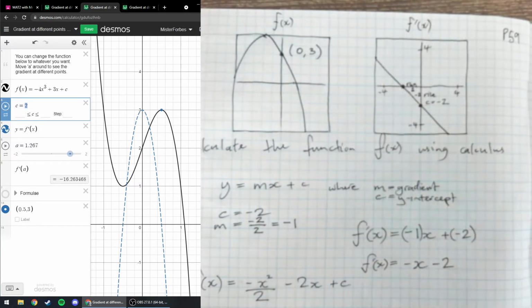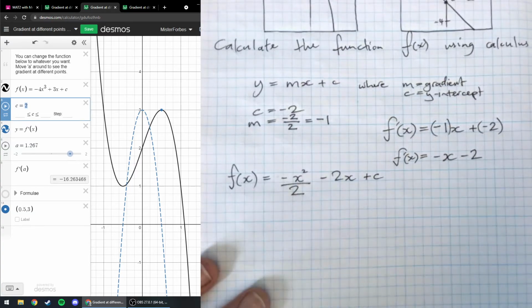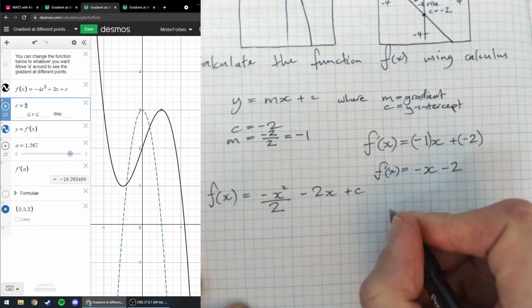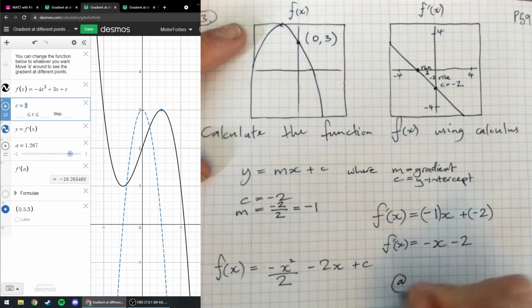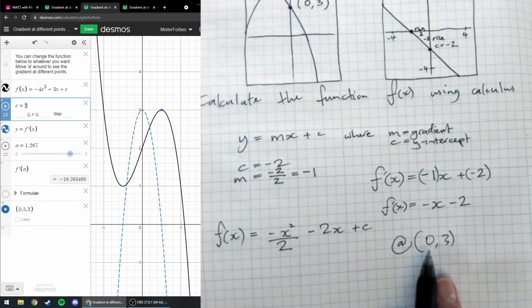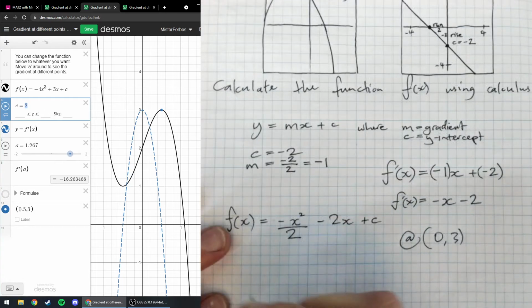Okay, anyway. So now that we have that point, we know the drill. And the drill is, we've got a coordinate, and that is 0,3. So let's substitute those points in. So x is 0, f of x is going to be 3.